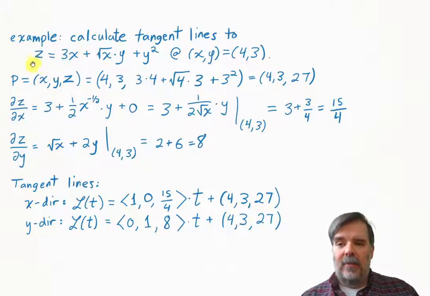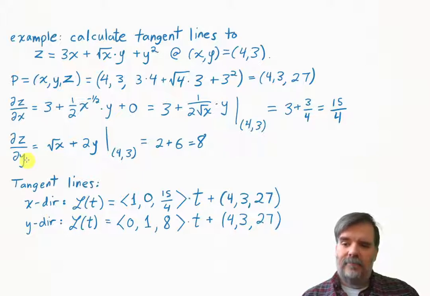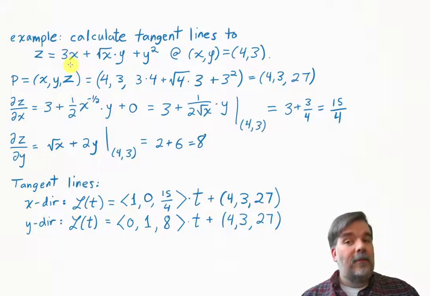Next, to calculate the partial derivative dz/dy, in this case, y is our variable, and we think of x as a constant. The derivative of 3x, that's the derivative of a constant, that's 0. That doesn't even appear here. The derivative of a constant times y is just the constant.